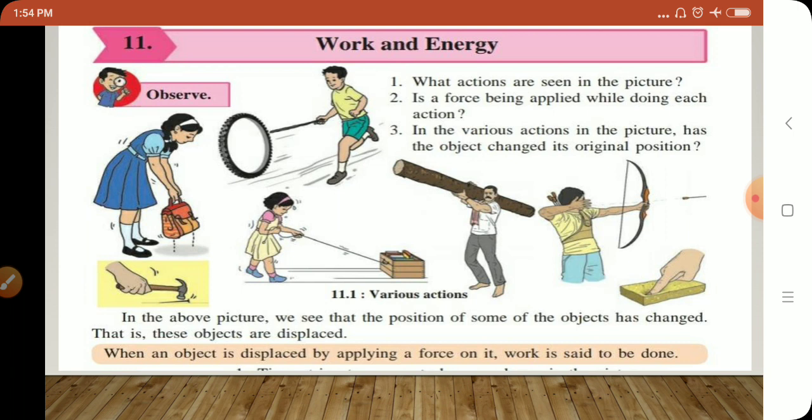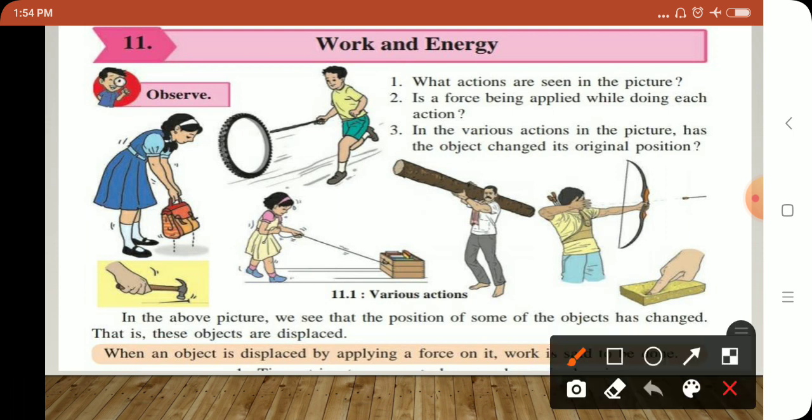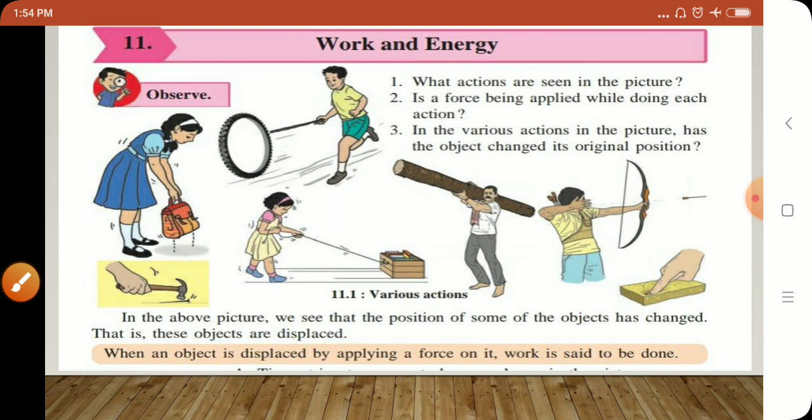Yes, except for the nail and sponge. The nail did not change its place here, and here the sponge also. So all the other objects have changed their original position.